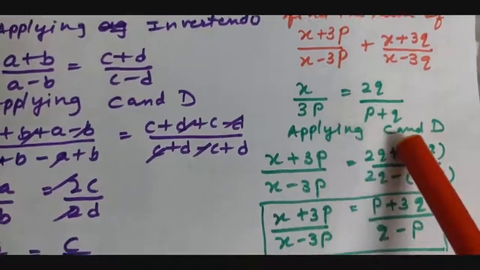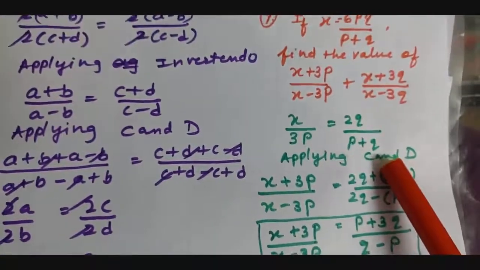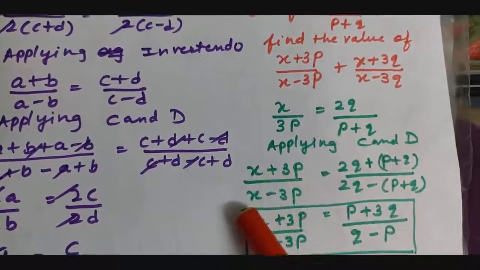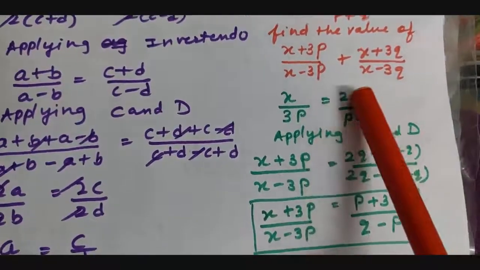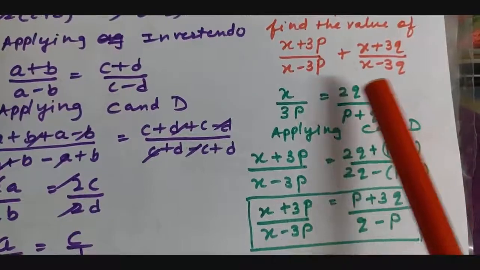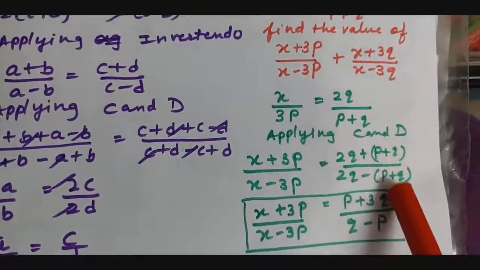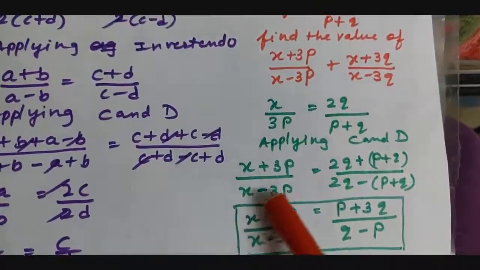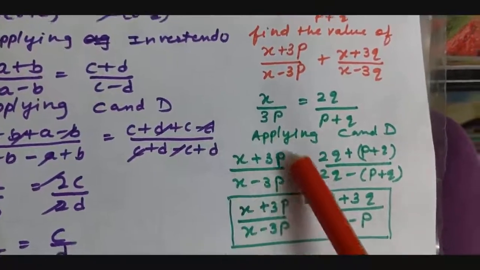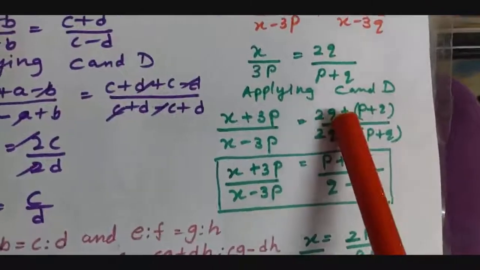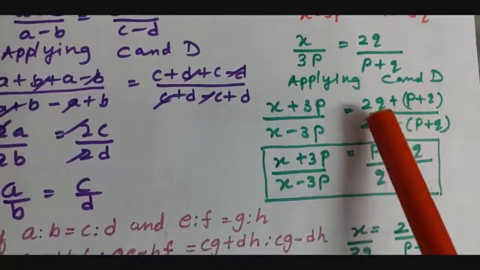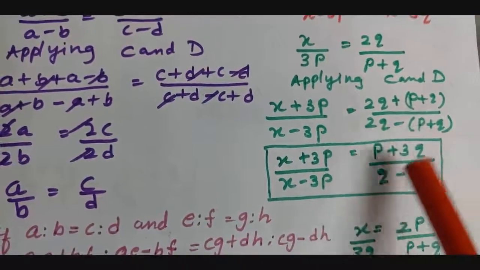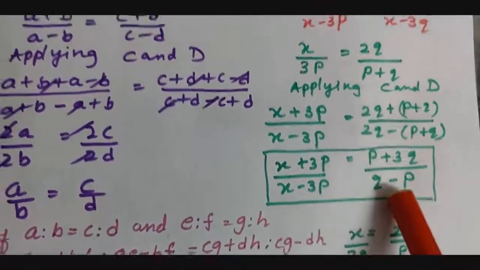Now applying componendo and dividendo, so x plus 3p, x minus 3p, 2q plus p plus q, 2q minus p plus q. See your first term here, I get here x plus 3p, x minus 3p. Now simplifying the right hand side, that is p plus 3q, and this is 2q minus q minus p.